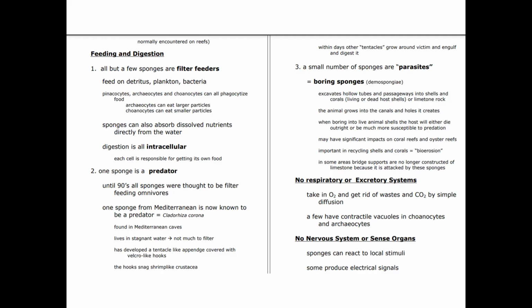They feed on detritus, plankton, and bacteria. Pinacocytes, archaeocytes, and choanocytes can all phagocytose food. Archaeocytes can eat larger particles. Choanocytes can eat smaller particles. Sponges can also absorb dissolved nutrients directly from the water.